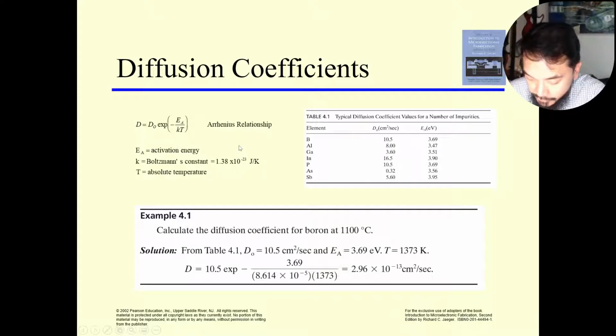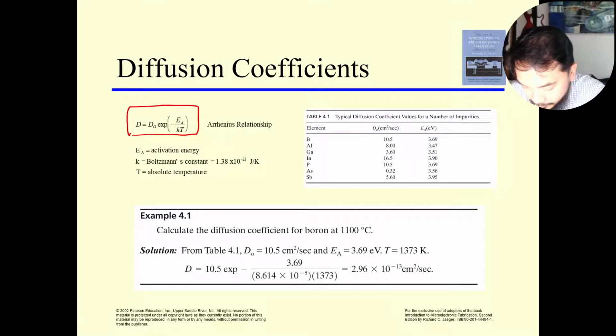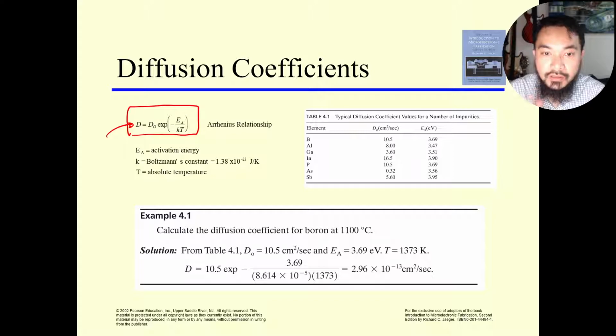So again, how to calculate the diffusion coefficient is based on this equation, and we assume D to be constant throughout the process. However, we shall see later that based on the concentration of impurity atoms, D might not be constant, and it's not suitable for us to assume that it is constant.